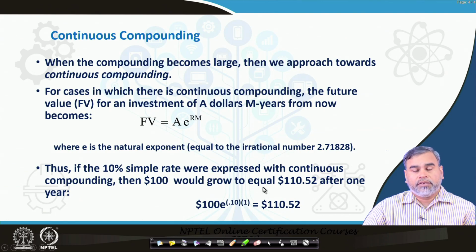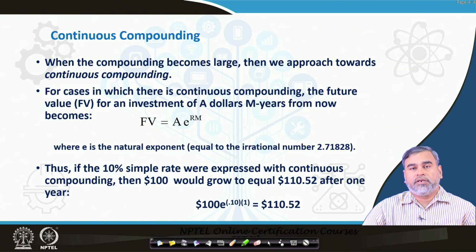With simple annual compounding we get 110.10, but with continuous compounding we get 110.52. This is the difference between continuous compounding and normal annual compounding.